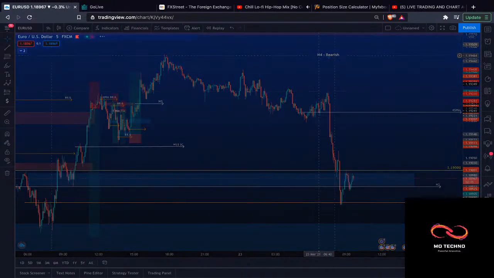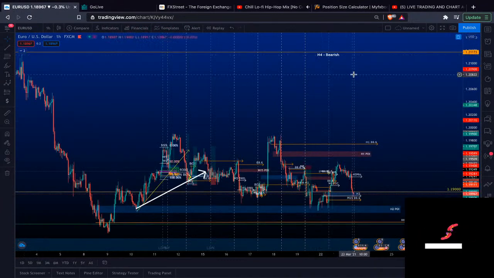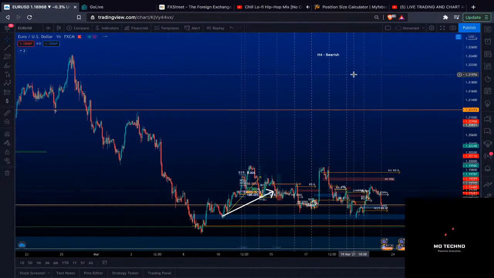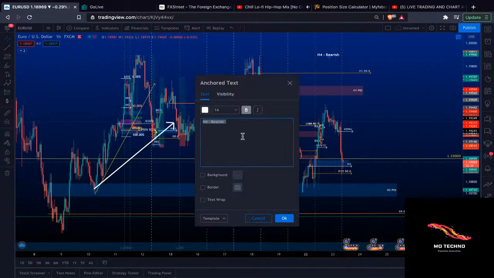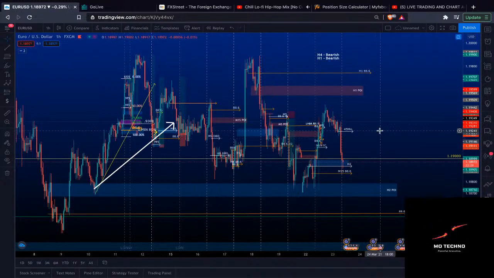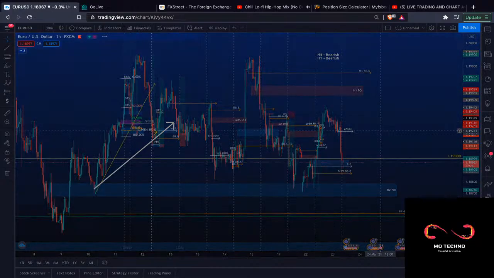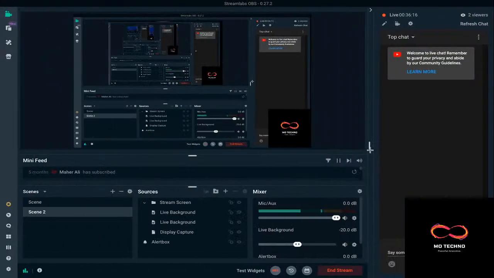So hold on. We said the 4 hour is bearish. The 1 hour is also bearish. Will the time frames align? Let's see.